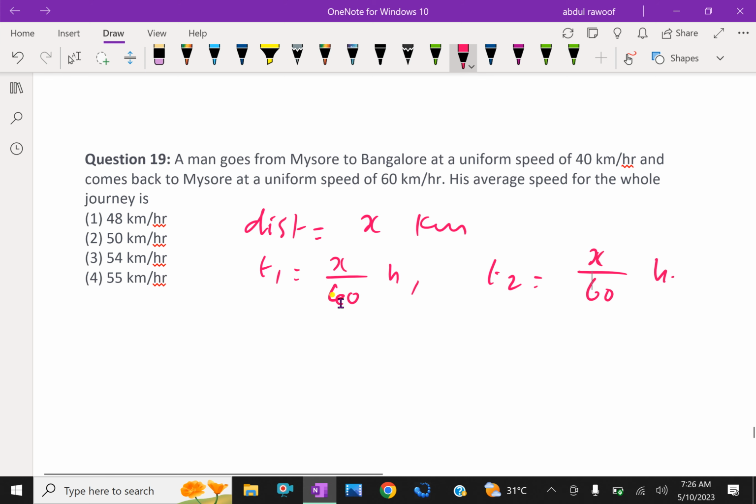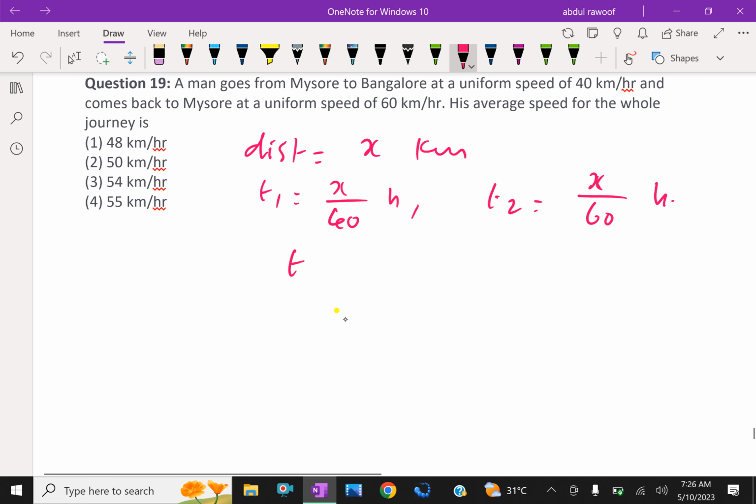Then total time taken for the entire journey is t equal to x by 40 plus x by 60 equal to 5x by 120 hours.